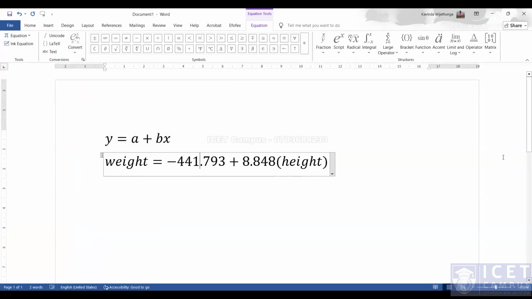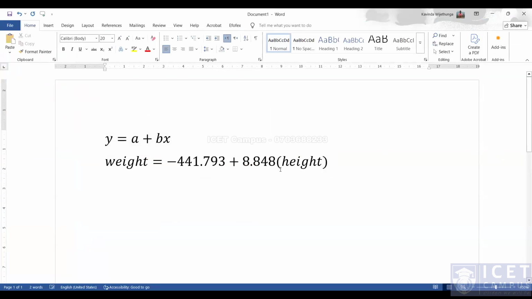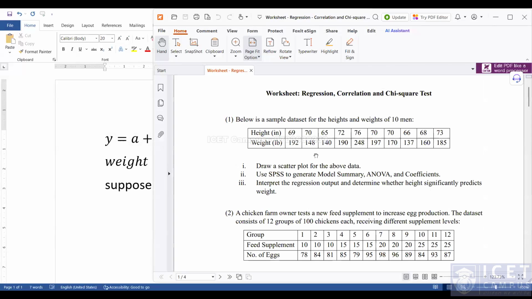Then by using this, you can predict the weight. Suppose the height is given. Suppose the height equals 5.5 inches, because according to the given data, it's given in inches, right?